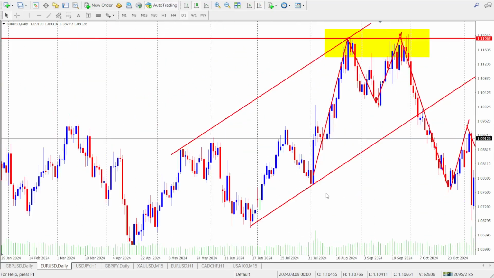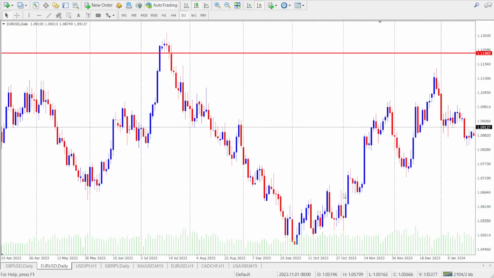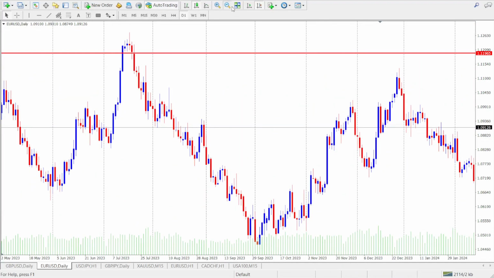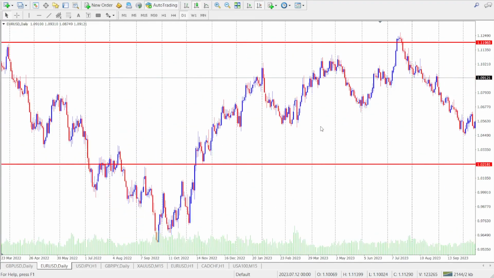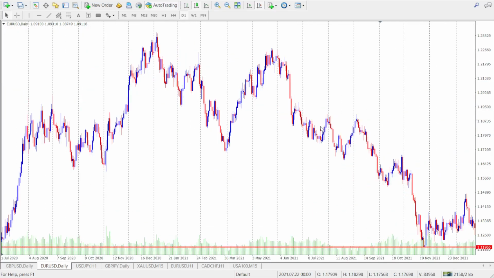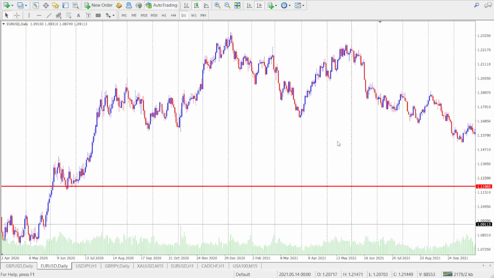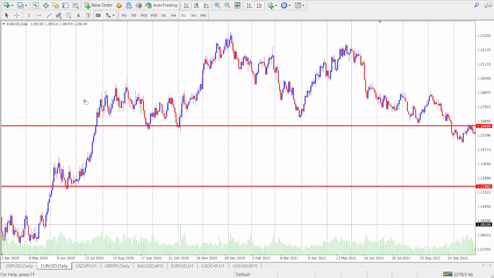Then another pattern we have is head and shoulders. Let's see if we can find a good example of head and shoulders. Some of these patterns may not always come around. Some of them are more difficult to find compared to others. I think we might be able to use this as an example, because in a head and shoulders pattern, usually the midpoint is the highest, and that's the reason why it's called head and shoulders.